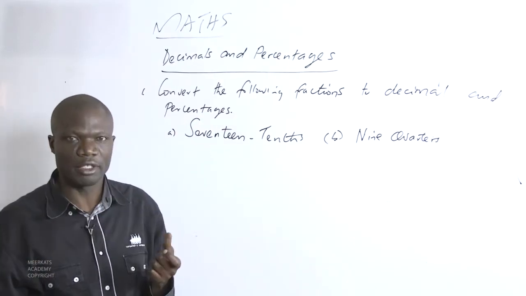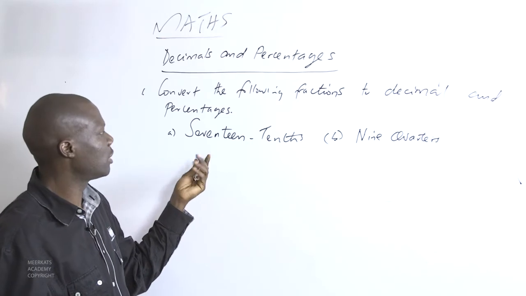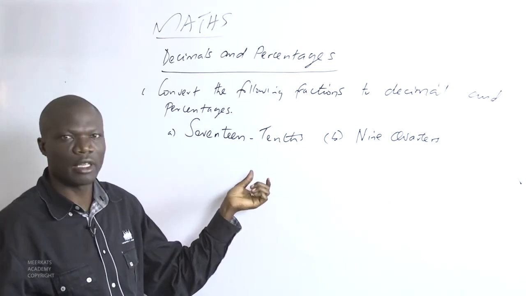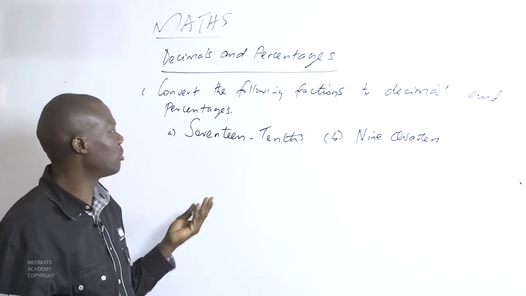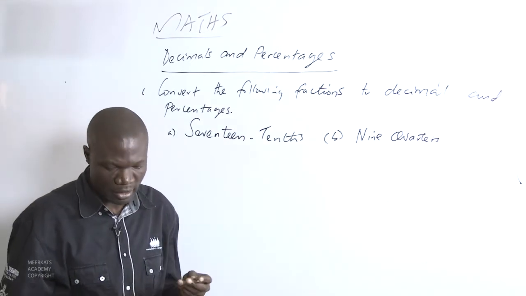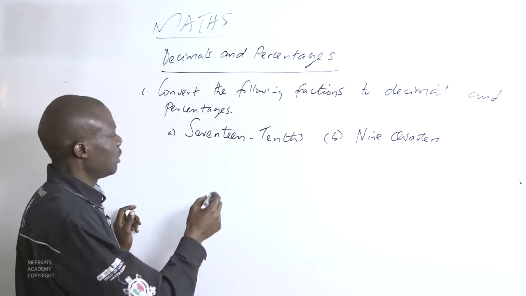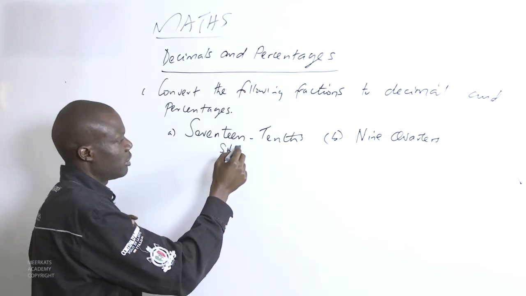Now we want to convert 17/10 and 9 quarters into decimals and percentages.